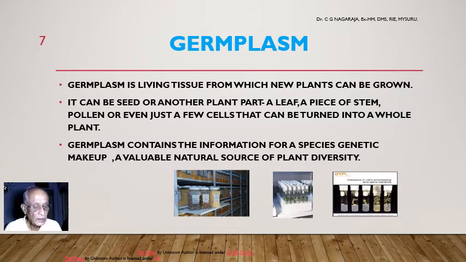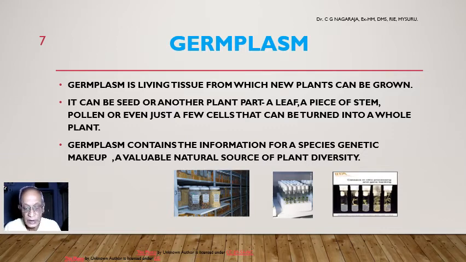That means you can collect the genetic material either in the form of cells or any part, which can be further analyzed for diversity, and that's where we collect a large number of things.